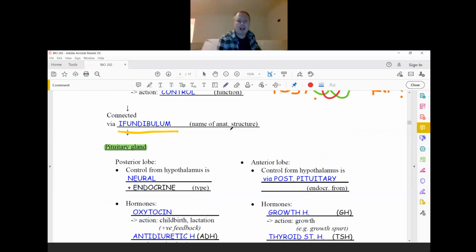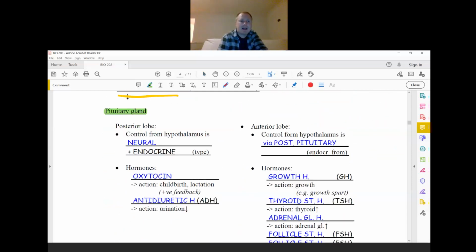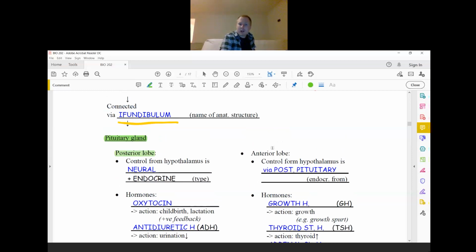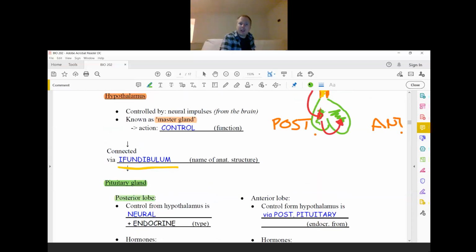So let's start with the posterior lobe of the pituitary gland. And what you'll notice here that I've highlighted is that it can be both neural signals, so signals that are simply action potentials, from the hypothalamus to the posterior lobe through the infundibulum, but there also can be endocrine signals.